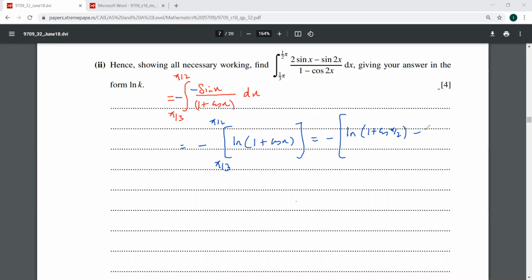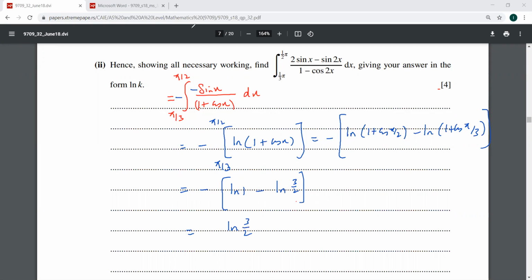And then minus ln 1 plus cos pi by 3. Cos pi by 3 is half, I think. Yes. So this is minus ln 1 and minus ln 3 by 2. So this is going to be ln 3 by 2.